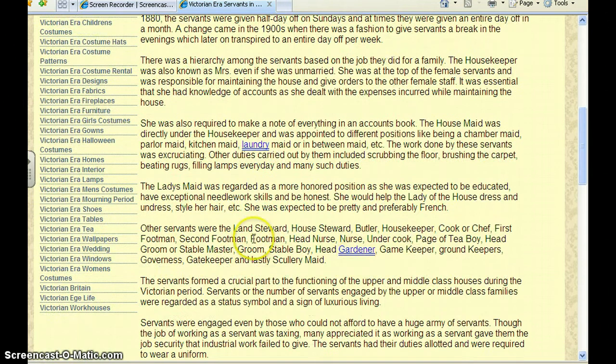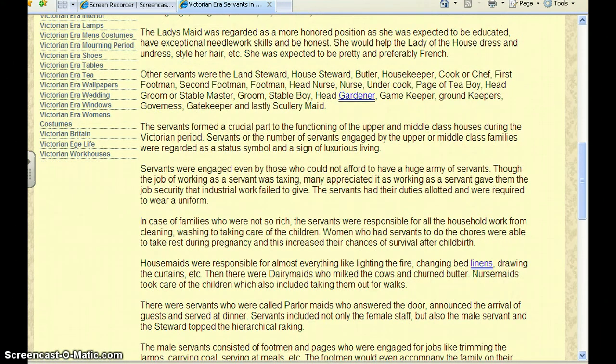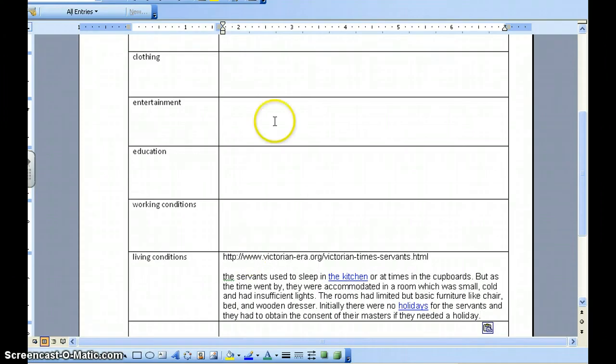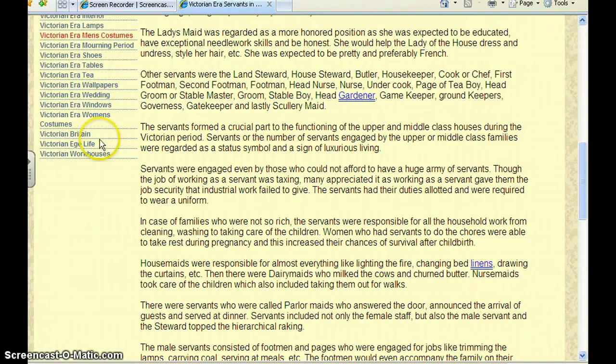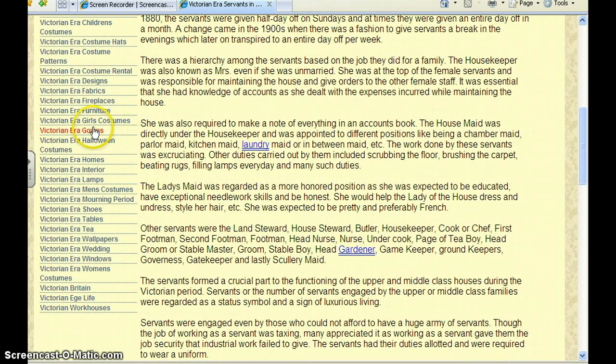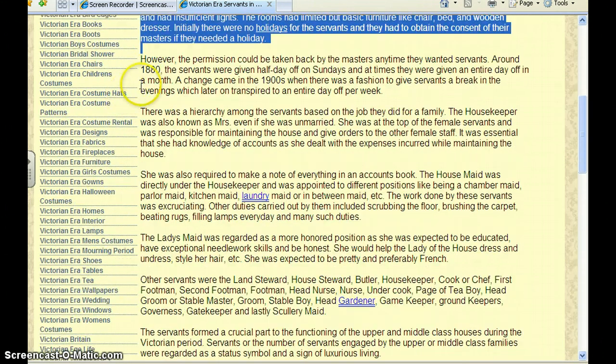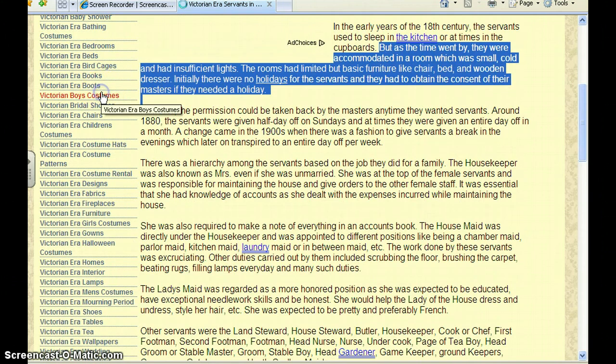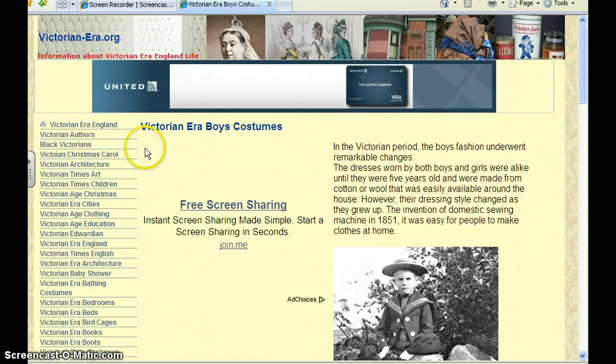Okay, and so now, let's say I found everything there that I needed about this particular website. I might go to a different page on the same website, maybe clothing. So we talked about clothing might be another way of saying costumes, and we're not really talking about costumes.